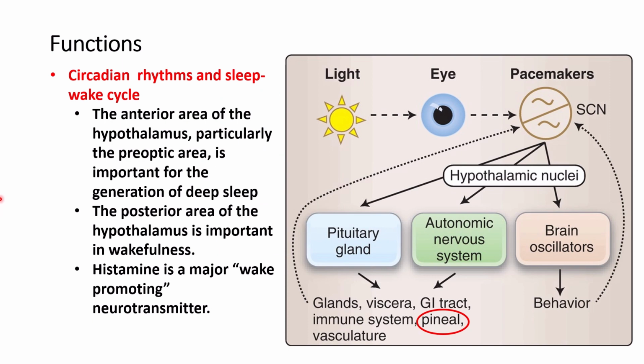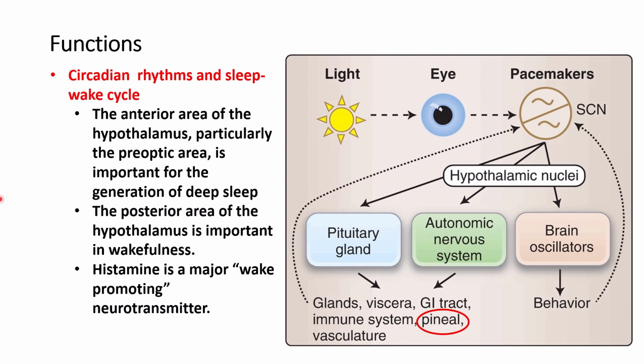The circadian rhythm and sleep-wake cycle is another function of the hypothalamus. The anterior part of the hypothalamus has parasympathetic activity, so it increases sleepiness, and the posterior part is more related to wakefulness, because it has sympathetic activity.